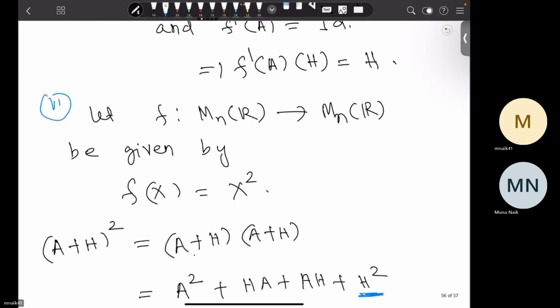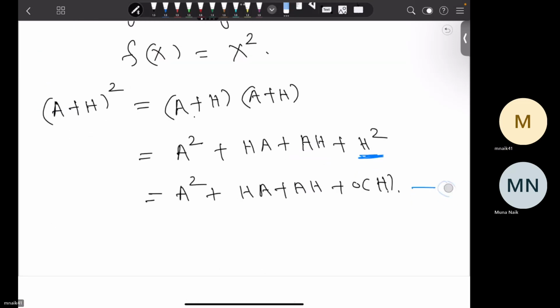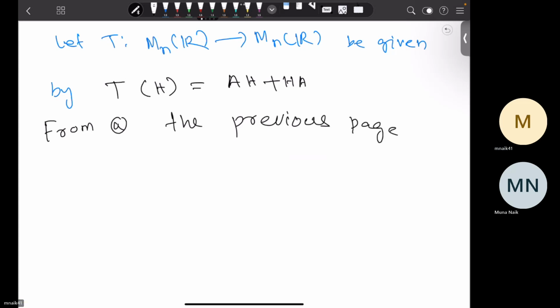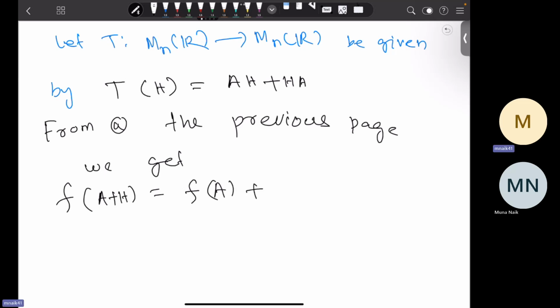From the previous computation, we get that f(a + h) is equal to f(a) plus T(h) plus little o of h.